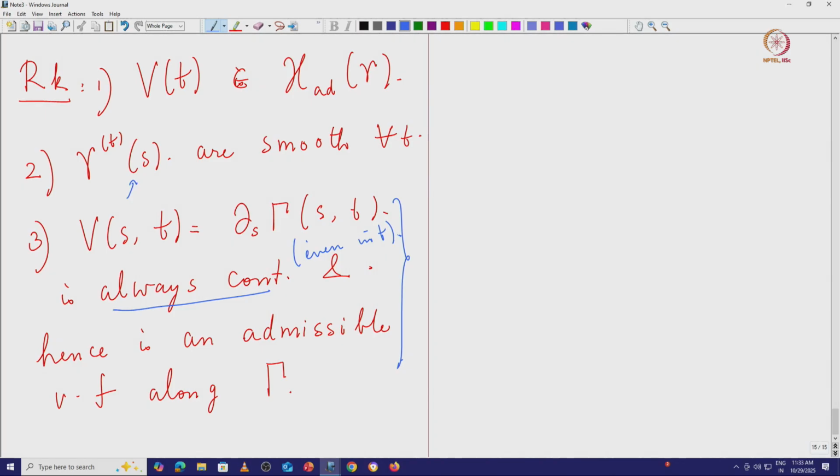Since we have already run out of time, in the next lecture I'll explain a little bit why this is always continuous. In s this is continuous because of this. Why is it continuous even in the t variable? I'll maybe explain that a little bit next time, and we'll prove the first variation formula in the next lecture.